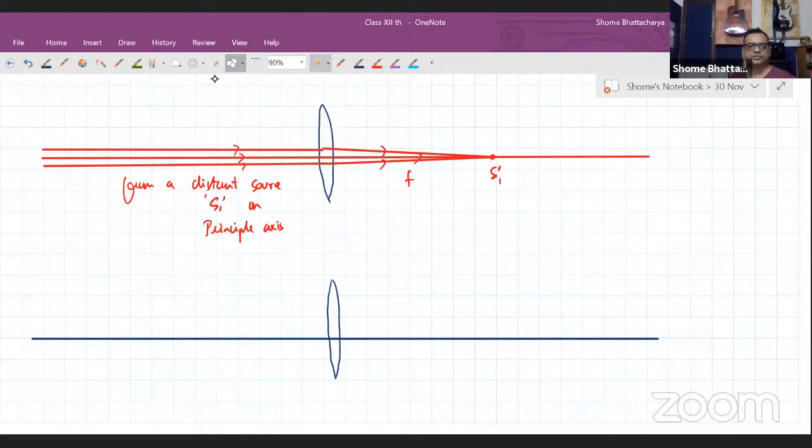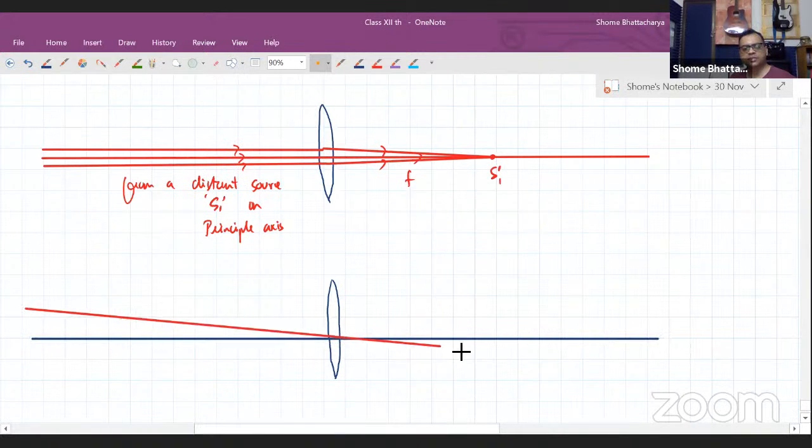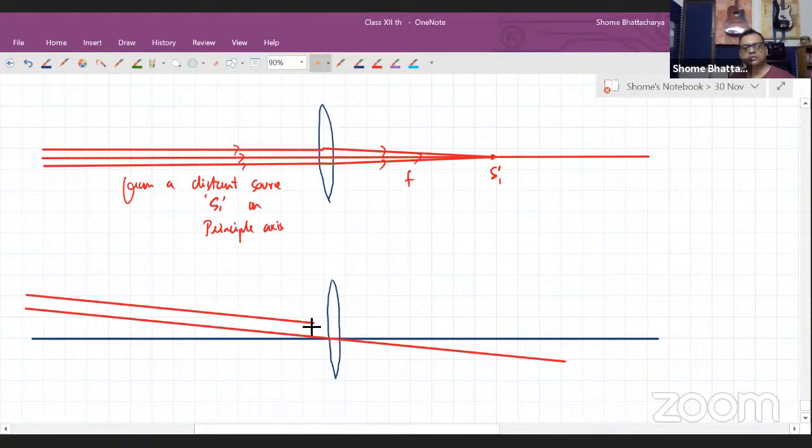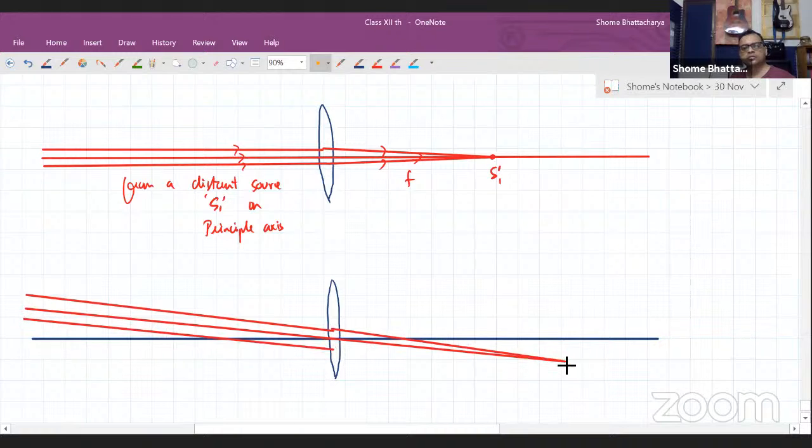Imagine a very distant star which is at some angle with respect to this. The direct beam of light coming is like this. The one going through the pole will be undeviated, but these rays will, after refraction, bend slightly like this and give you an image of it.